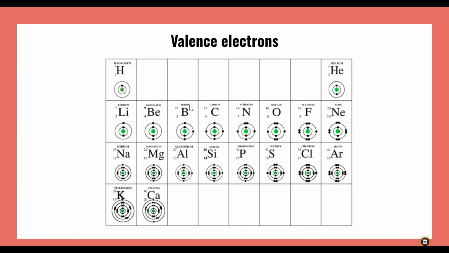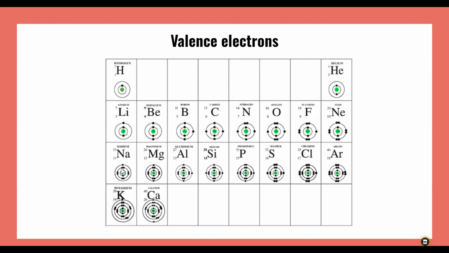And then the valence electron here is three. The valence electron here is 4. The valence electron here is 5. So each group has the same number of valence electrons because the property, remember, the property of an atom depends on the valence electrons.